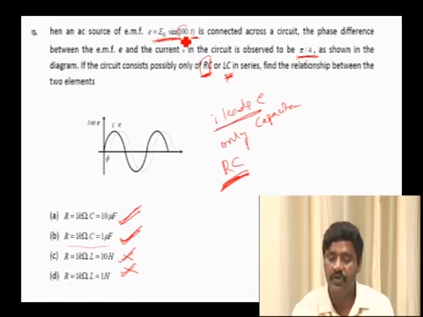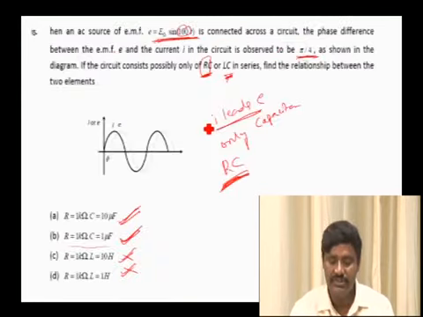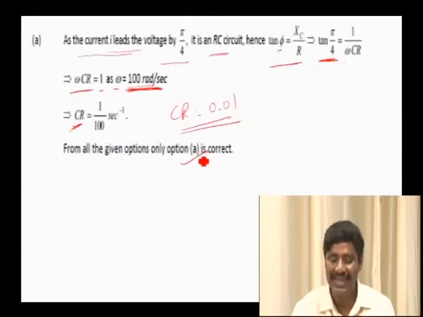It is shown in the equation. That's why we can take 100 as omega, then CR will be 1 by omega, that is 1 by 100. So that CR product is equal to 0.01. So check the 2 options. For which combination do we have CR product as 0.01? It is only for option A.